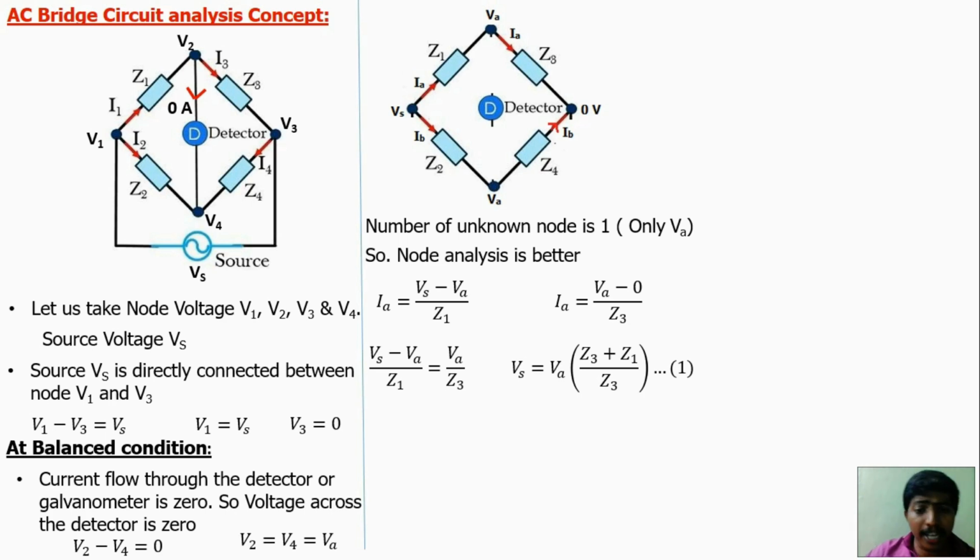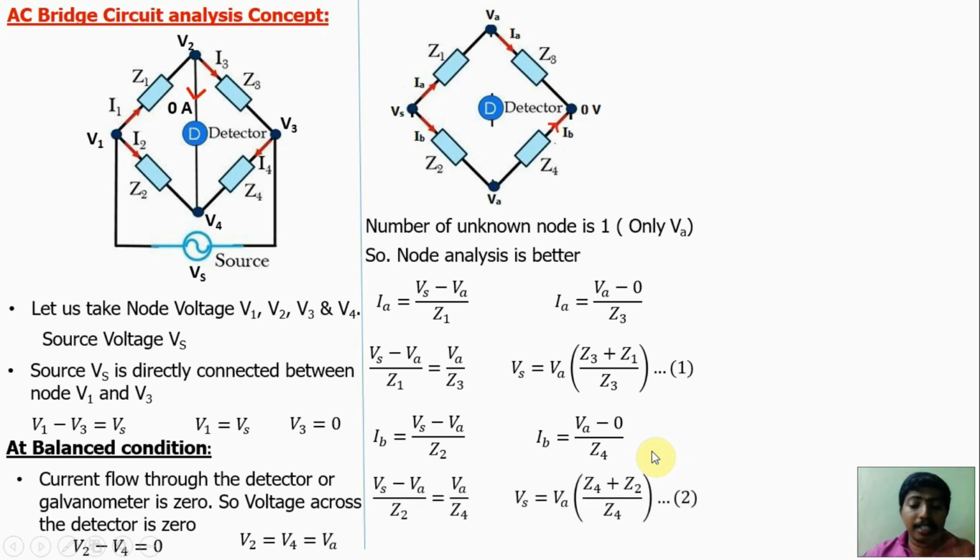Now find IB. IB is equal to Vs minus Va by Z2. This current IB is also Va minus 0 by Z4. Both are the same. Equate this and we will get the second equation. Let's take this equation as 2. Equations 1 and 2 are the same, so equate equations 1 and 2.